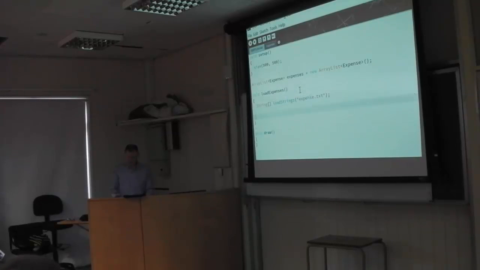Okay, so now I have each row from the file in a separate string. So now I can go through each element in this string array, and I can make a record out of it.